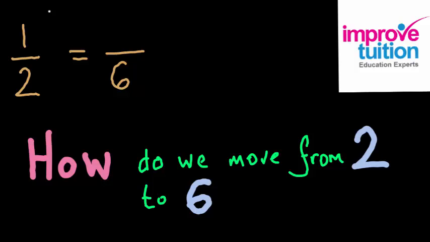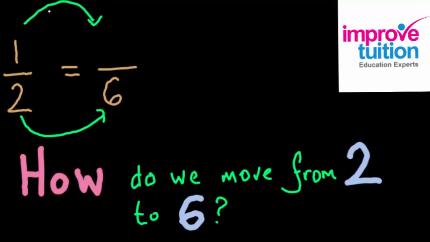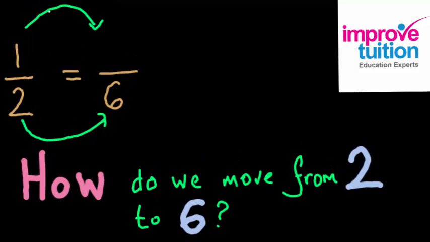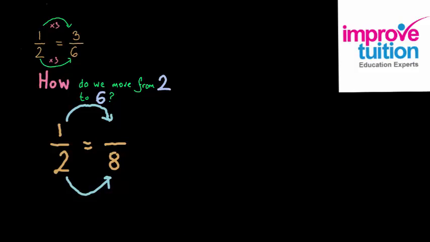This is a question we need to ask ourselves. To logically work it out, it's 2 times something is 6. So 2 times a box equals 6. What goes into that box? 2 times 3 equals 6. So if it's times 3 at the bottom, then it's times 3 at the top. So it gives us 3 over 6.